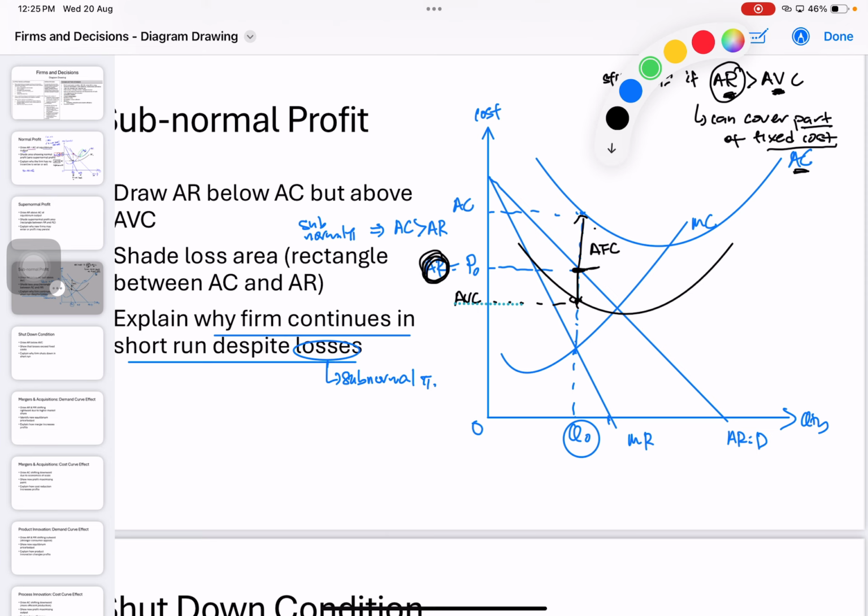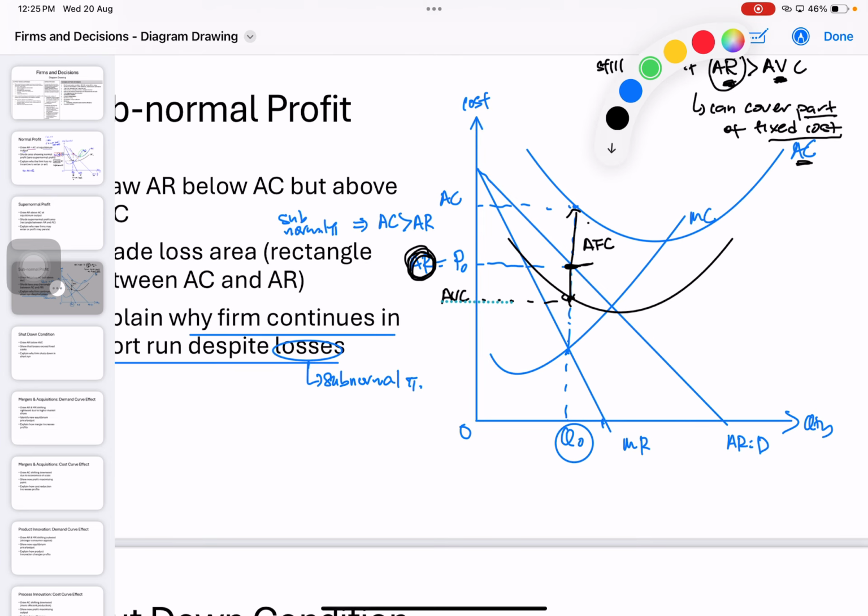If they shut down, you use the same diagram. If they shut down, what do you think is actually the cost incurred? If they shut down, the cost incurred is here, here, here, and here.